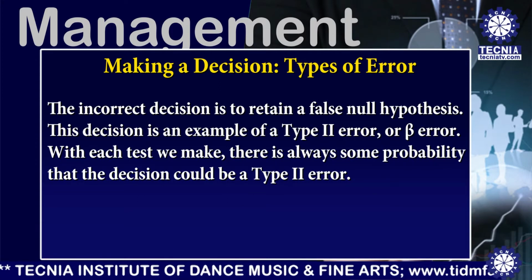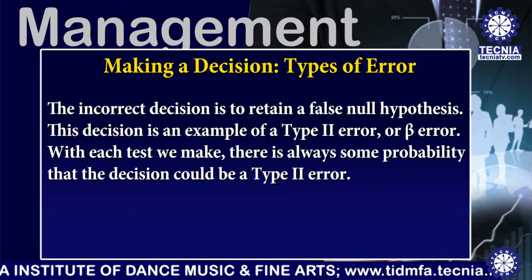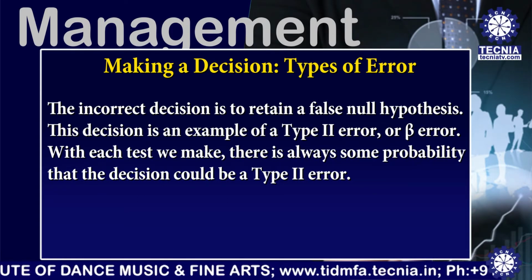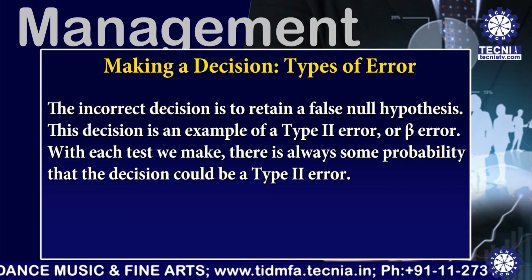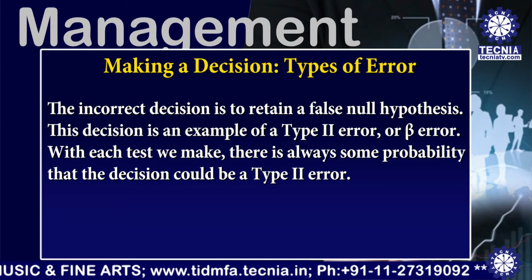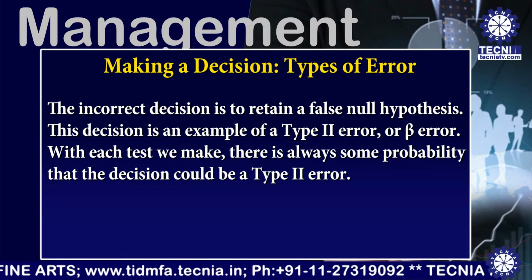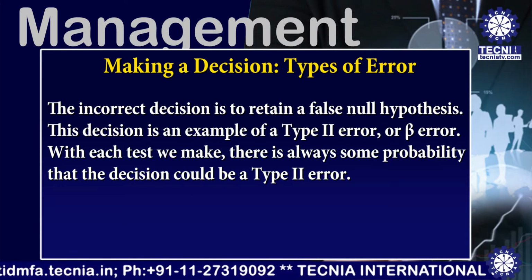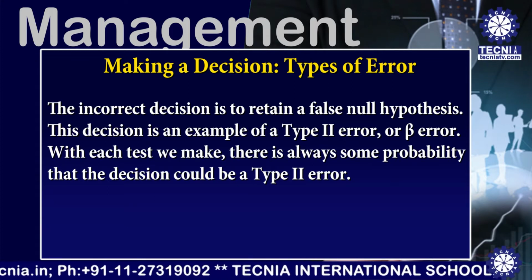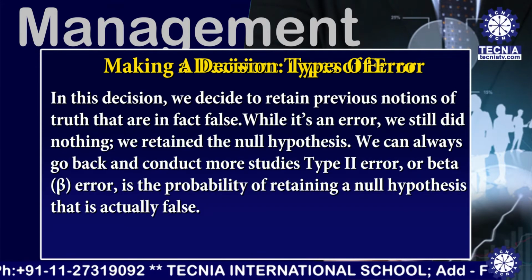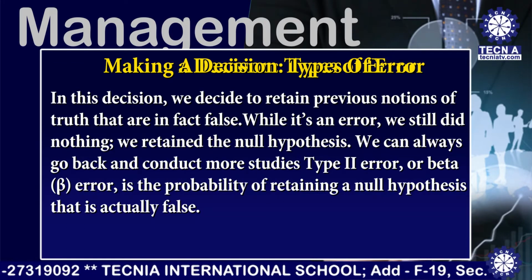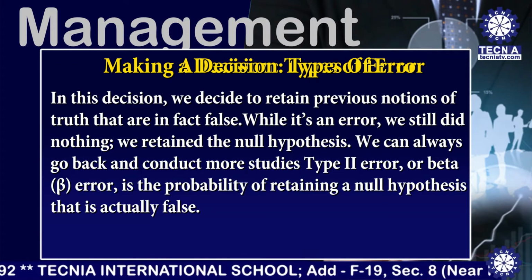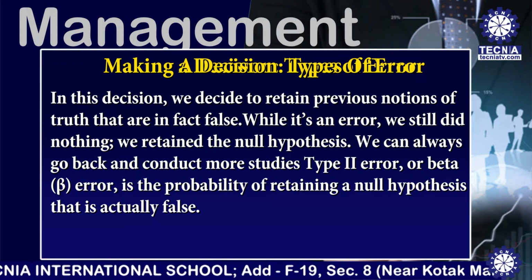The incorrect decision is to retain a false null hypothesis. This decision is an example of a type 2 error or beta error. With each test we make, there is always some probability that the decision could be a type 2 error. In this decision, we decide to retain previous notions of truth that are in fact false.